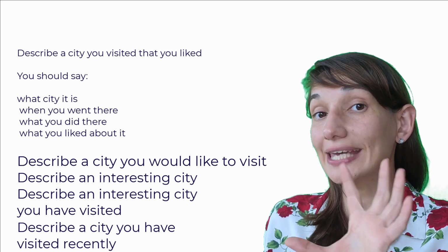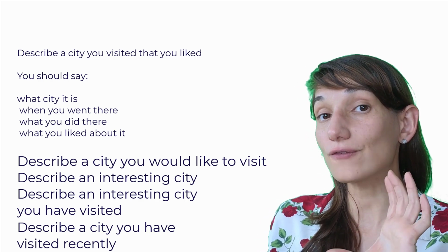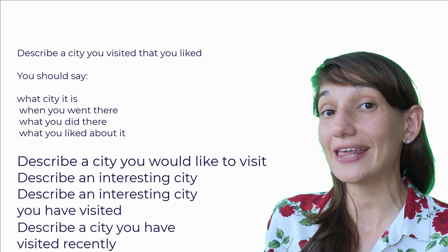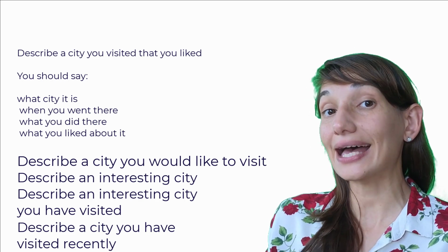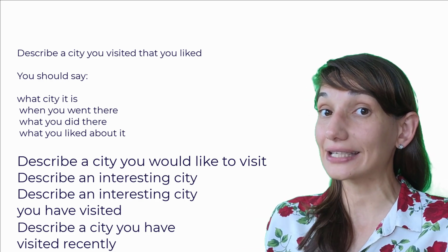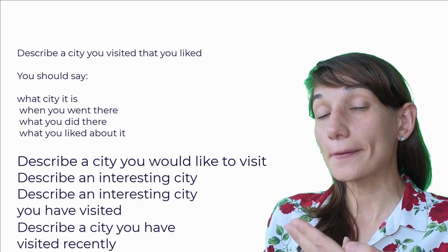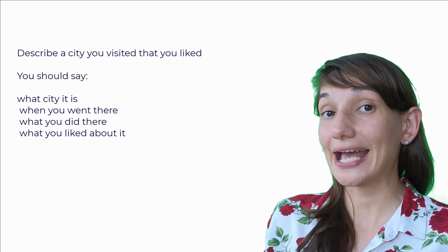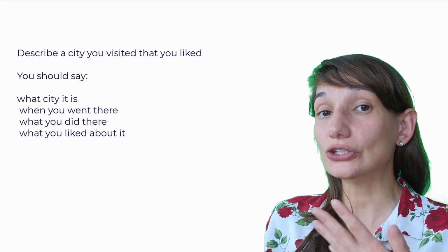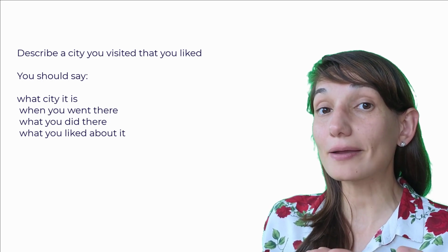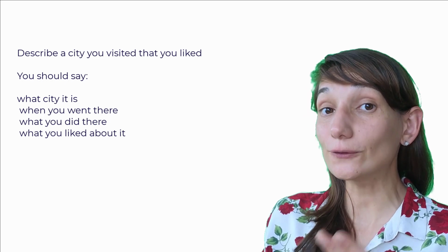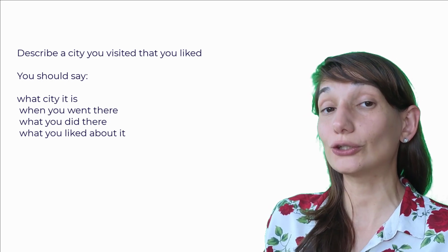So as long as you get a good command of the vocabulary covered in this tutorial, you should be able to talk at upper intermediate advanced level describing a city. So let me try to do the first cue card that we've mentioned. Describe a city you visited that you liked.